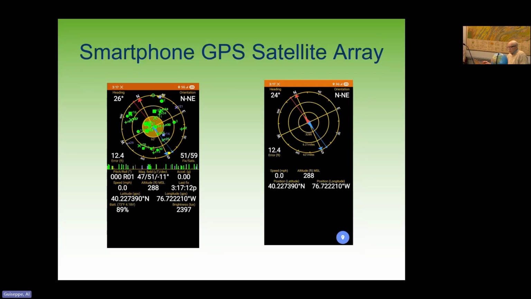That's a satellite array I actually picked up on my phone in the parking lot. It has your error, 12.4 feet, which means your regular error is 24 feet around.